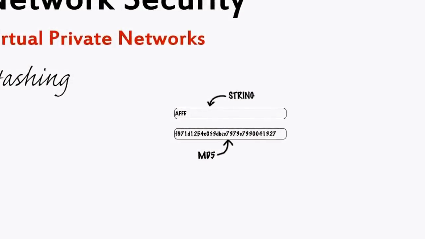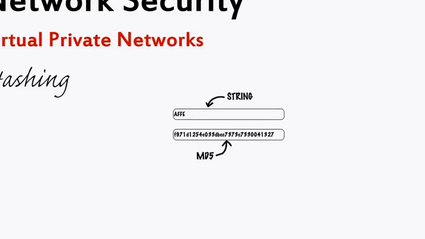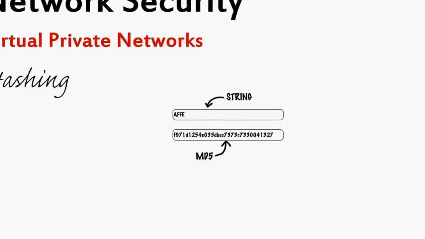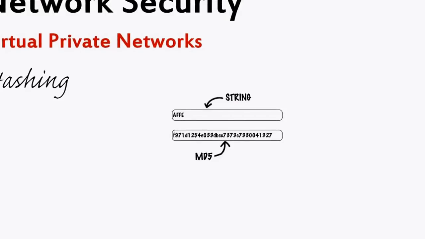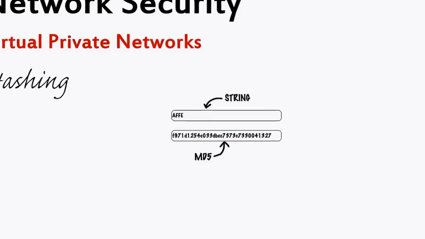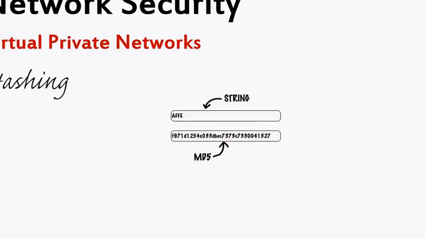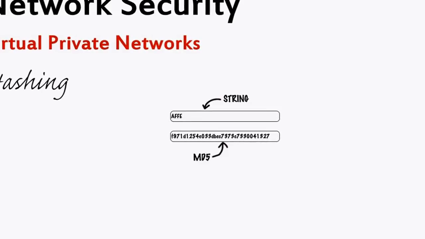Network security, virtual private networks, cryptographic hash functions. Hash is a solution that allows you to take a block of data and get a fixed size string that is a hash value.